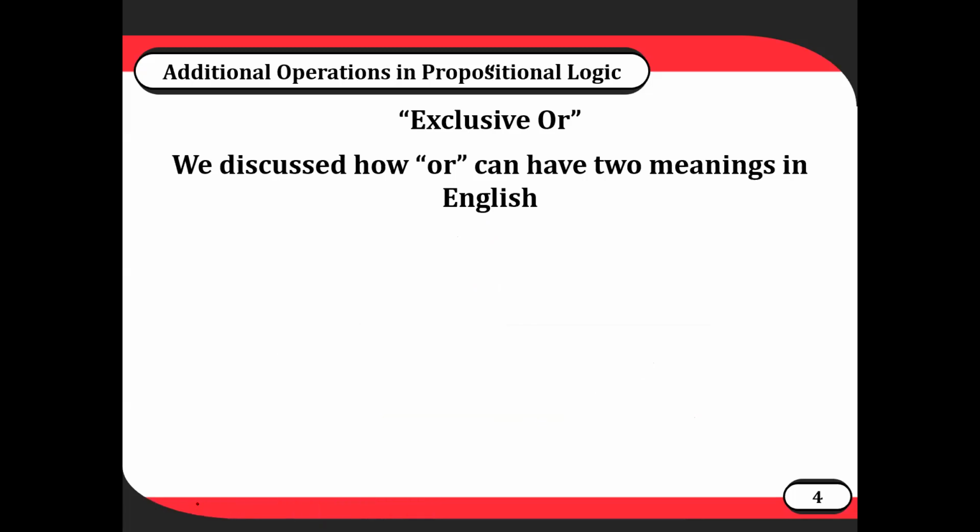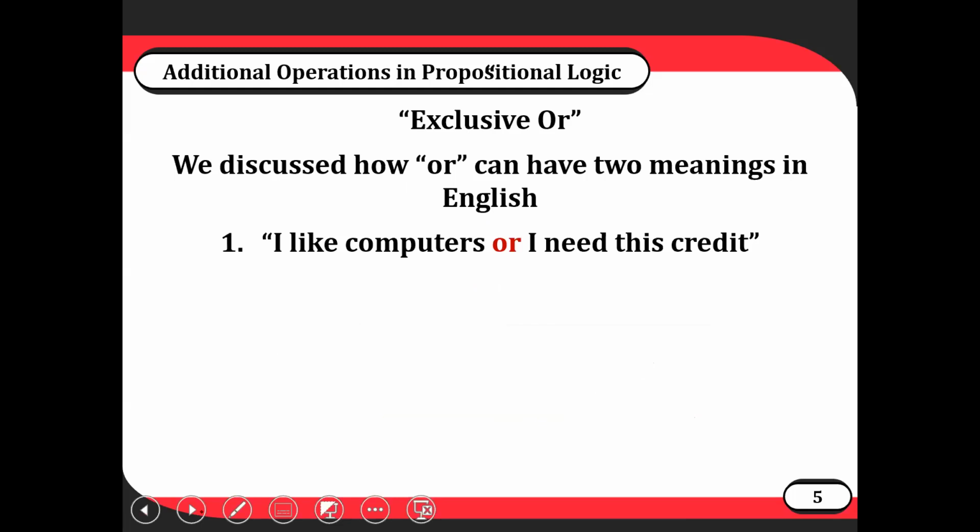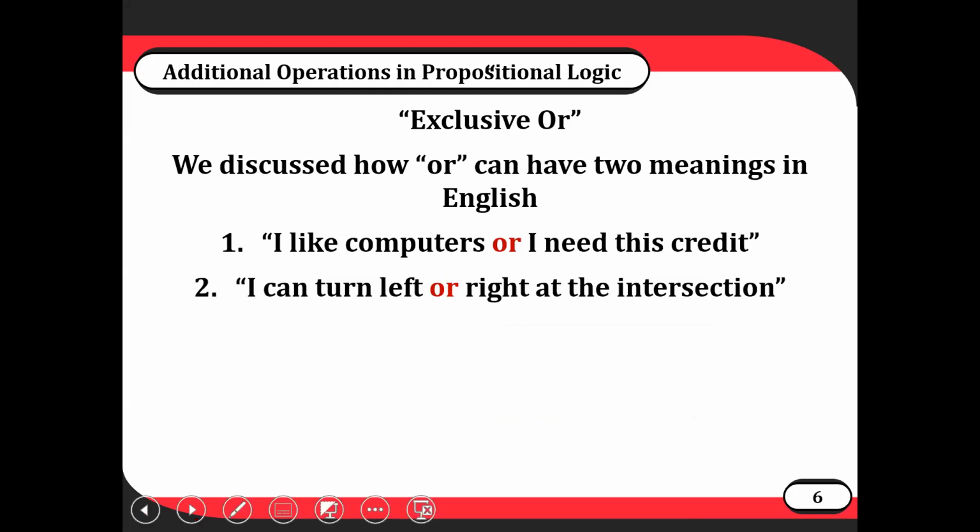Okay, so exclusive OR. We discussed last lecture how OR in English can have two meanings. I like computers, or I need this credit. That means either one of those can be true, or they both can be true. However, there's another way we can use the word or, in the sense that I can turn left or right at the intersection. Now I cannot choose both.